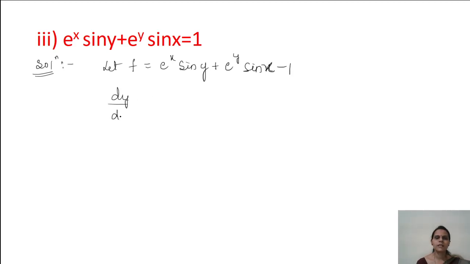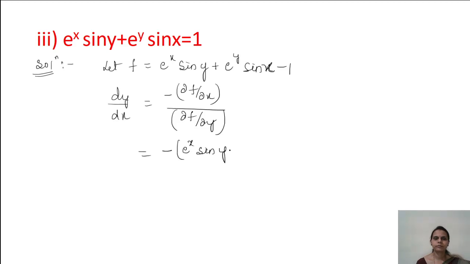So now dy/dx is given by −(∂f/∂x)/(∂f/∂y). ∂f/∂x is the partial differentiation of f with respect to x, that is e^x sin y itself, plus e^y is constant, the differentiation of sin x is cos x, and the differentiation of 1 becomes 0, divided by ∂f/∂y, which is e^x constant as it is, the differentiation of sin y is cos y, plus the differentiation of e^y is e^y itself and sin x is constant as it is.